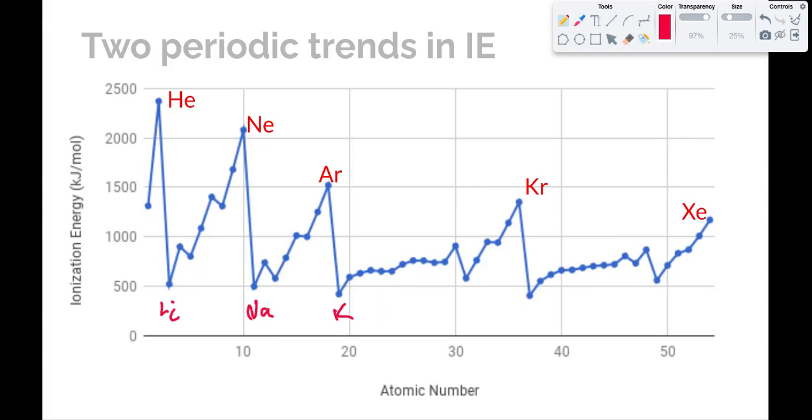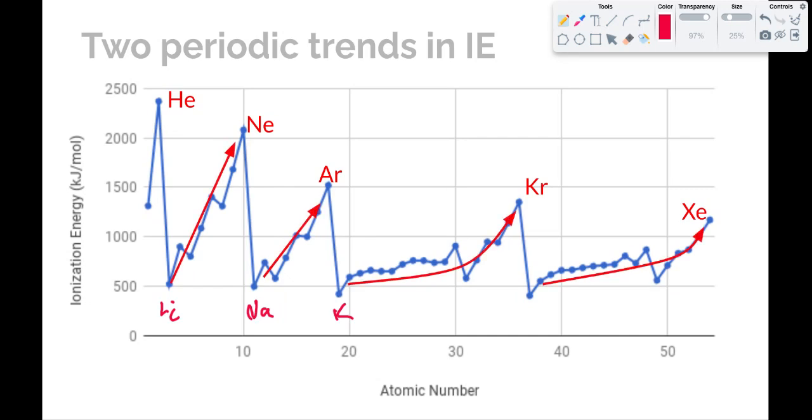So both the numerator and the denominator are dictating that it's going to be harder as you go from left to right in a period to remove the electrons, which means the ionization energy is going to rise. And then when we start a new row, the effective nuclear charge drops back down to 1, and then we build back up again until we get the highest ionization energy in that row, which is at the very right-hand side for the noble gas. So that's the trend that we're seeing there.